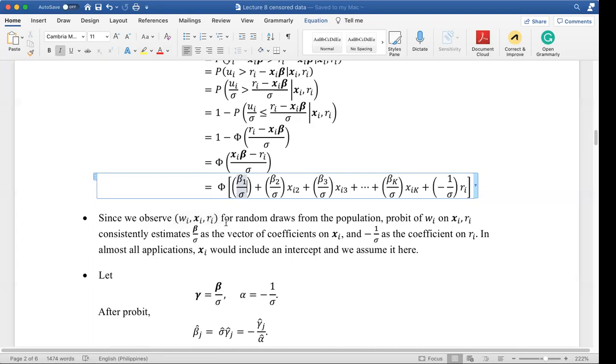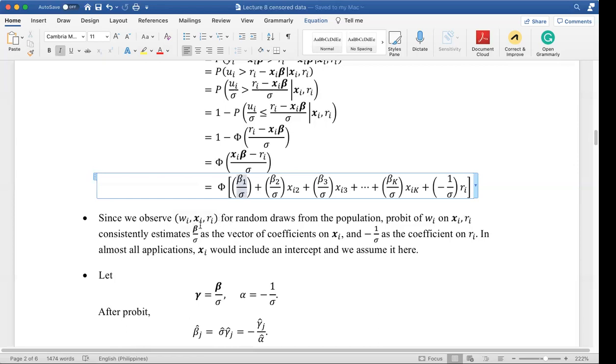Implicitly the person you're interviewing has a feeling of what his willingness to pay is, but really cannot give an exact amount.